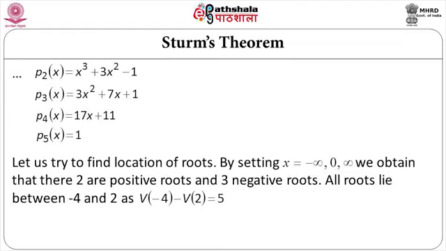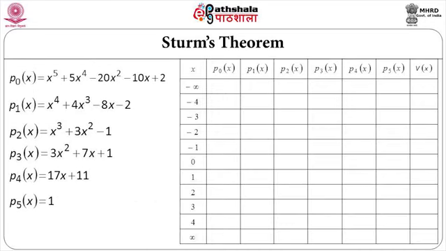With these, we can find the number of roots in different intervals. If we want to know the number of positive and negative roots, we can take the intervals 0 to infinity and minus infinity to 0, or we can even isolate between different intervals.